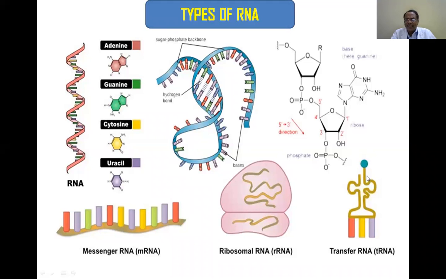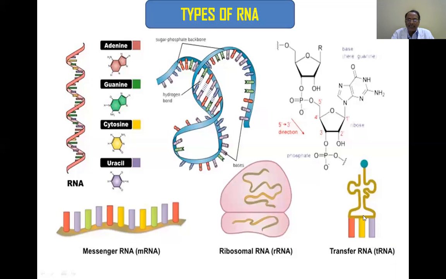Apart from that, the amino acid alanine is bound by a specific species of tRNA. Valine is bound by another species. So there are a minimum of 20 categories of them, which are classified into two types, type 1 and type 2.